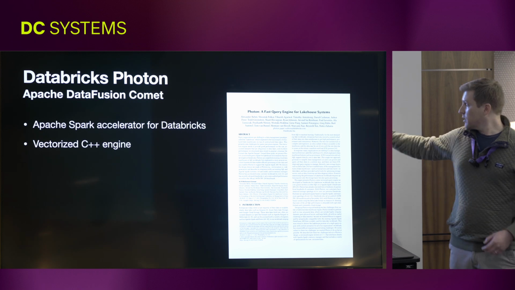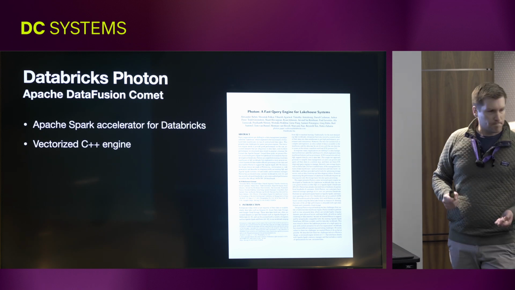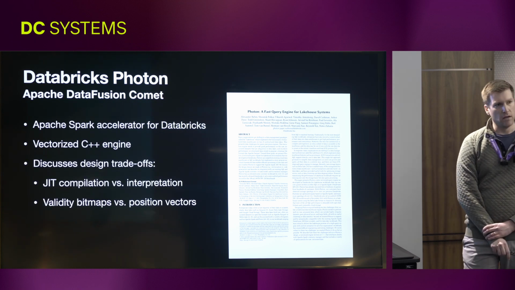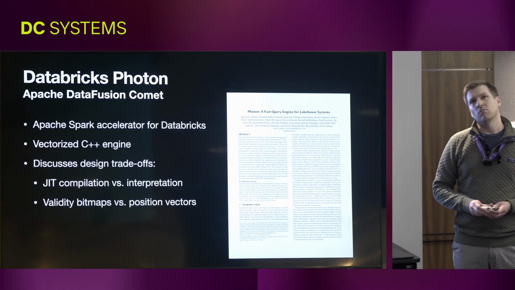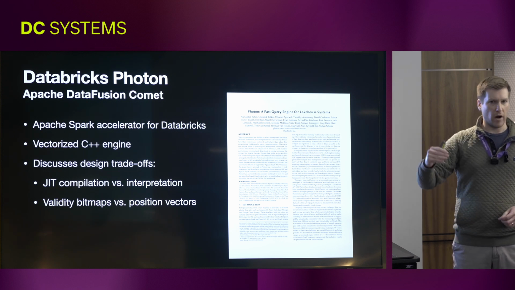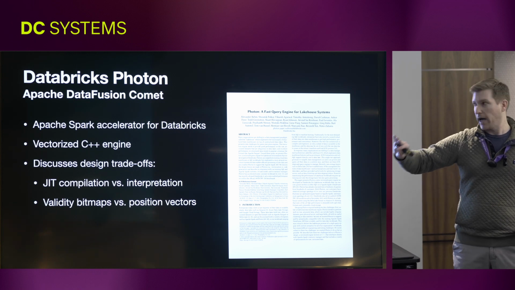One thing I really like about this paper, and it's kind of unusual for an industry paper, is they discuss a lot of the design trade-offs. What I mean by that is most industry papers get up there and say, we did X, Y, and Z, and they worked great, and we're not going to tell you what other stuff we looked at.